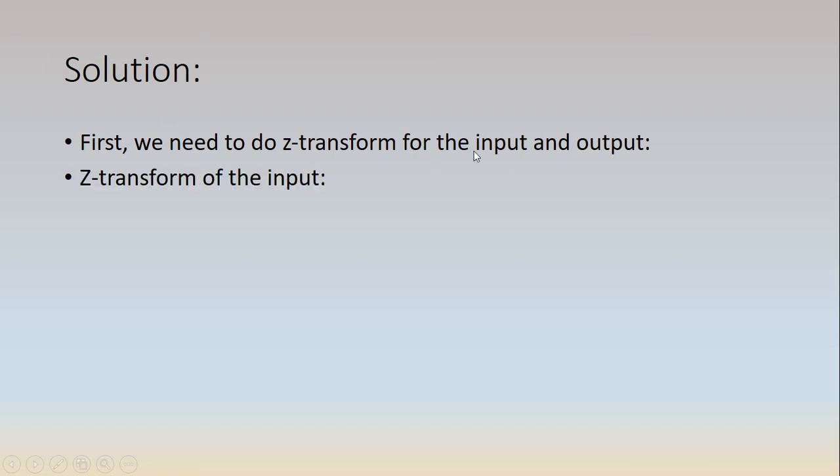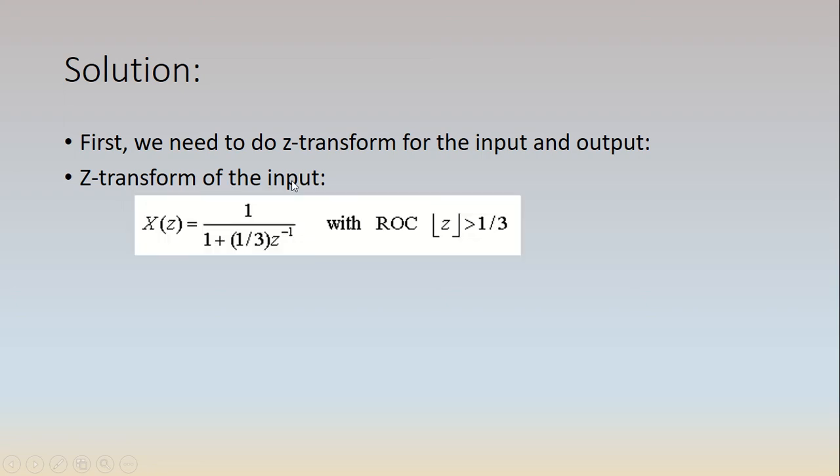So we do the Z transform for the input, and we will get X(z) = 1 / (1 + (1/3)z^-1) with ROC, region of convergence, |z| > 1/3.